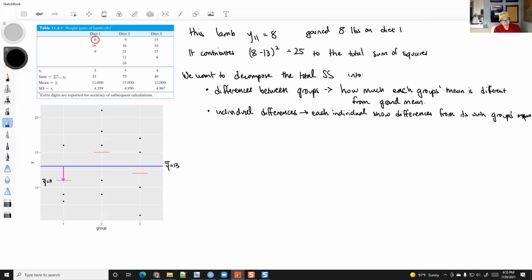And so diet 1 already has a mean that's lower than the average. And then on top of that, this individual lamb is down at 8, which is way down here, okay? And on top of that, this individual lamb is different from its own group, right? So this is the individual right here at 8 pounds, okay?